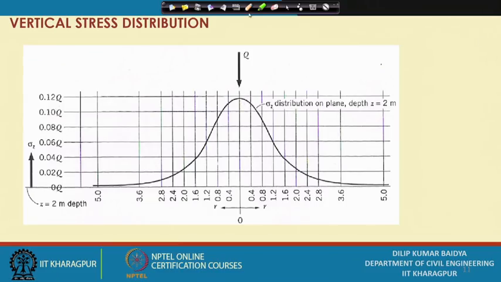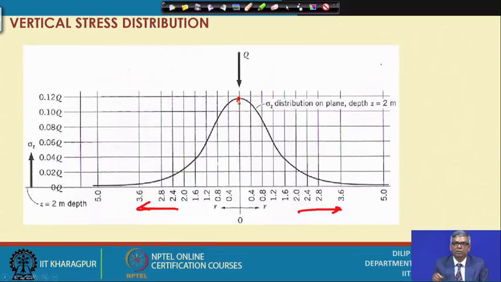So, both sides if I go, suppose z is fixed at 2 meter or 4 meter, and with the variation of r, in this direction r is increasing, in this direction r is increasing, and you can see below the load you have the maximum vertical stress, and when you go away from the load, then your stress is decreasing.